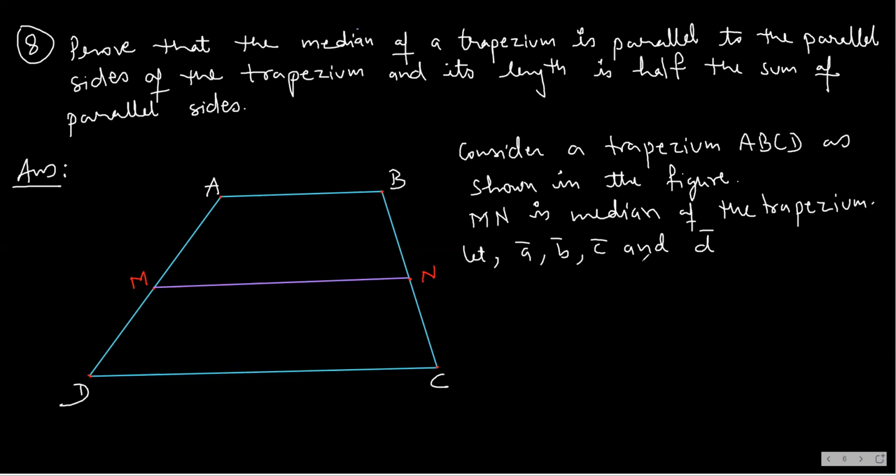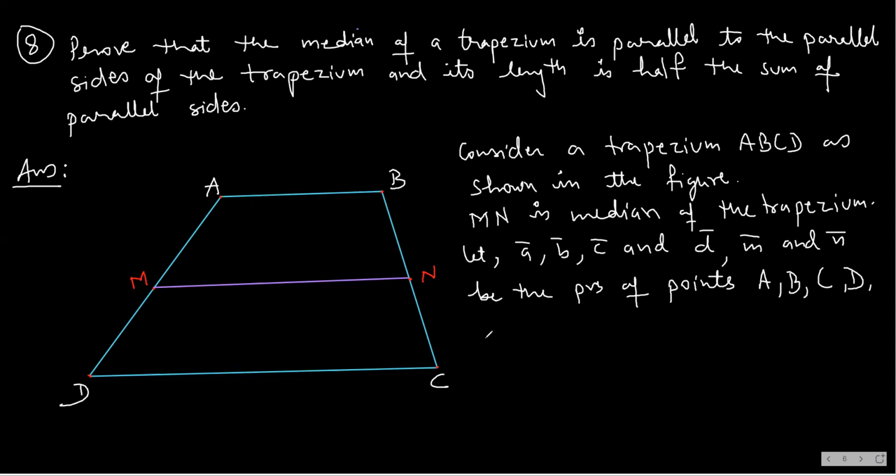So let A bar, B bar, C bar and D bar, also M bar and N bar be the position vectors of points A, B, C, D, M and N respectively with respect to origin O, right?